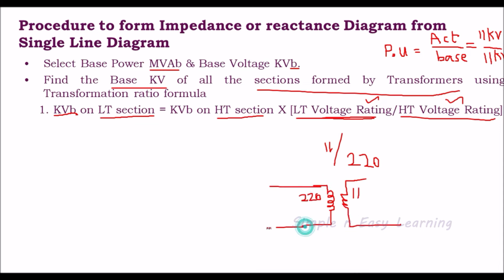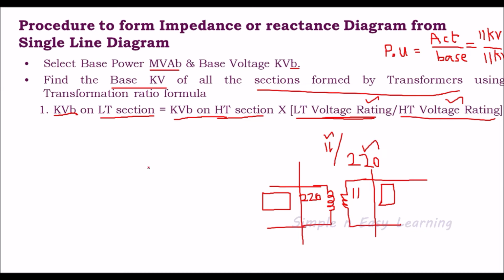Now this is a transformer section, and in it we need to find the base KV on the LT section. For that you substitute the base KV on the HT side, which is already determined. Using that we find the base KV on the LT side: base KV on HT side into LT voltage rating, 11 kV, divided by HT voltage rating, 220 kV. Like that we substitute in this formula and find the values.